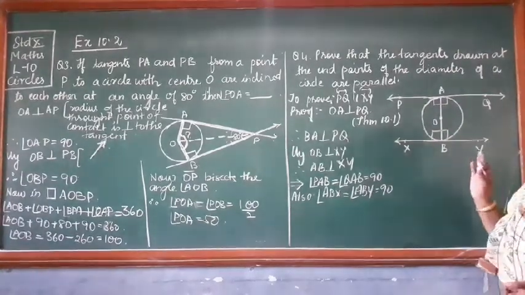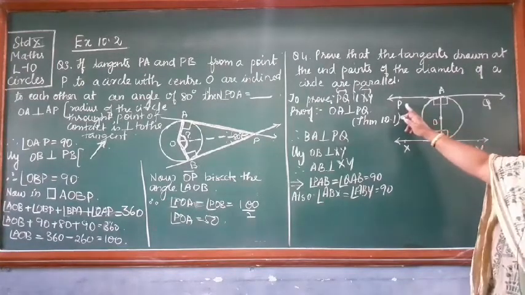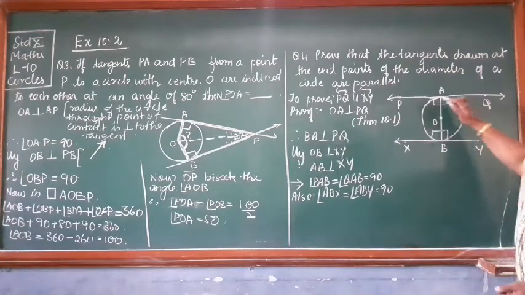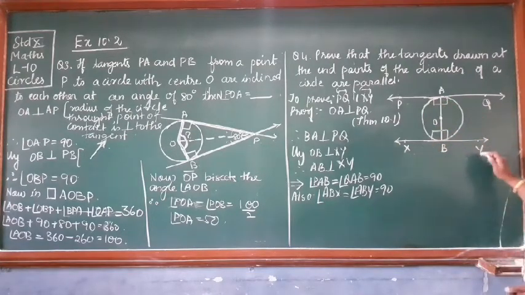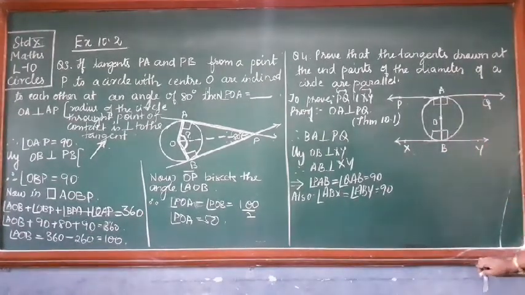Now, just look at the figure and try to understand: PAB and ABY, aren't they alternate angles? These alternate angles are formed by the lines PQ and XY intercepted by the transversal AB.